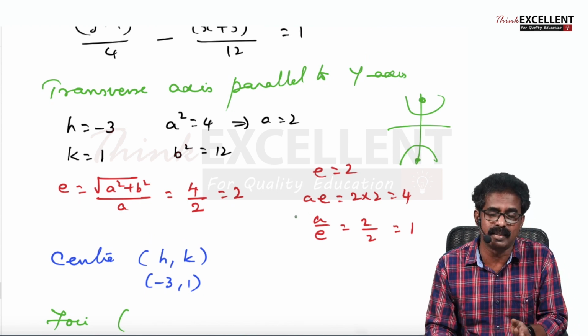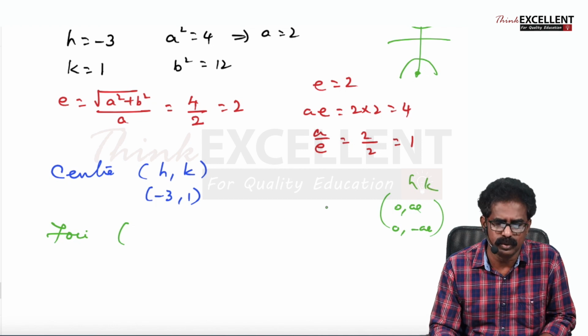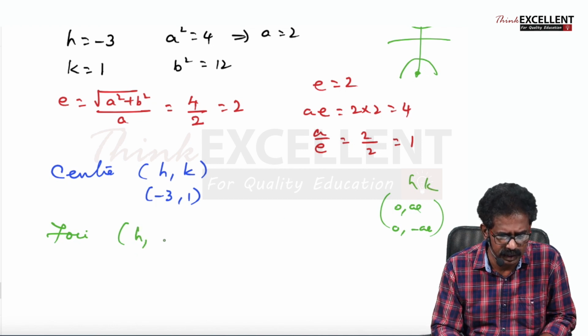It is on the y-axis, so 0 comma. Actually the foci are only 0 comma ae and 0 comma minus ae, but you will be adding h, k. So 0 plus h is h, comma ae plus k, and the second one is h comma minus ae plus k.